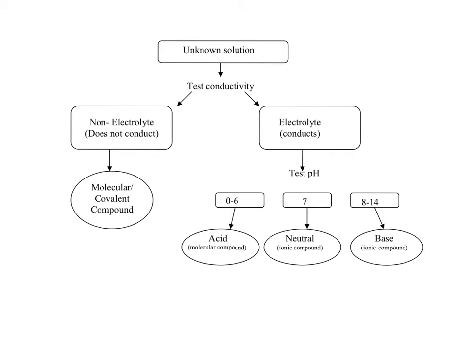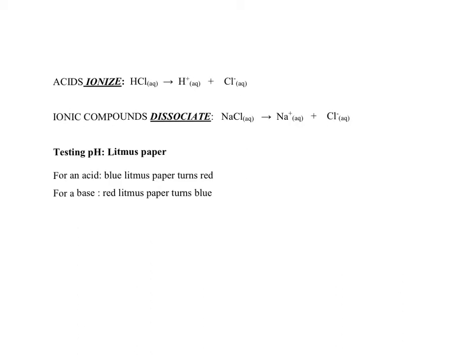Bases are ionic compounds also, but you'll know them by the formula ending in OH, hydroxides. Just a little bit of terminology. Acids will ionize. They're covalently bonded, but they will form ions.